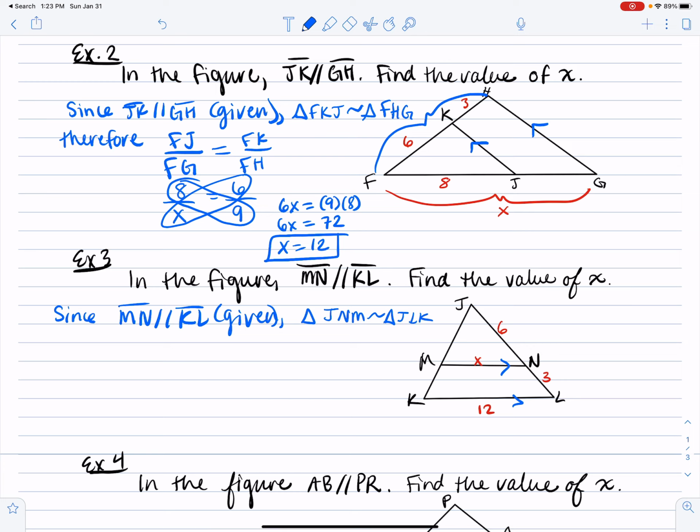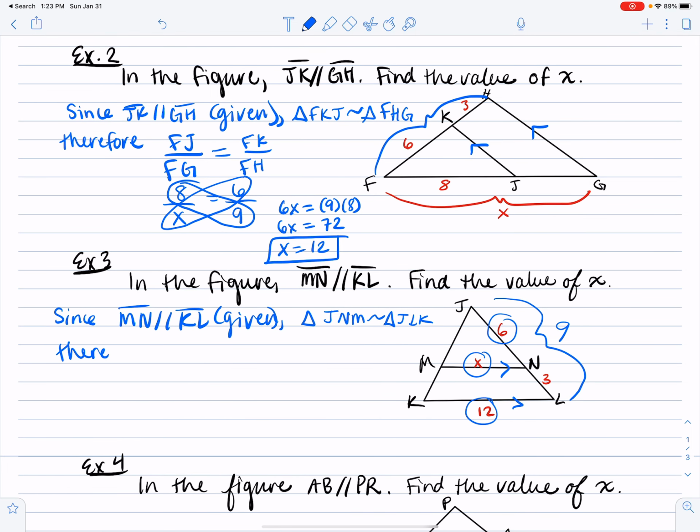Now we need to set up a proportion with x, which is related to 12, and this smaller triangle side related to this whole side over here, which is 9.